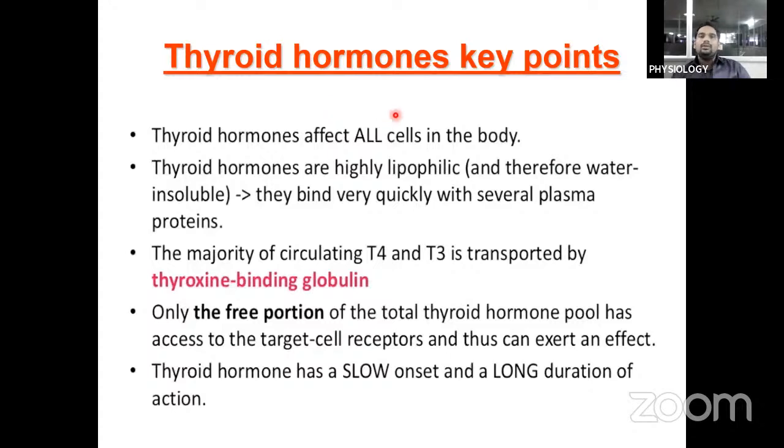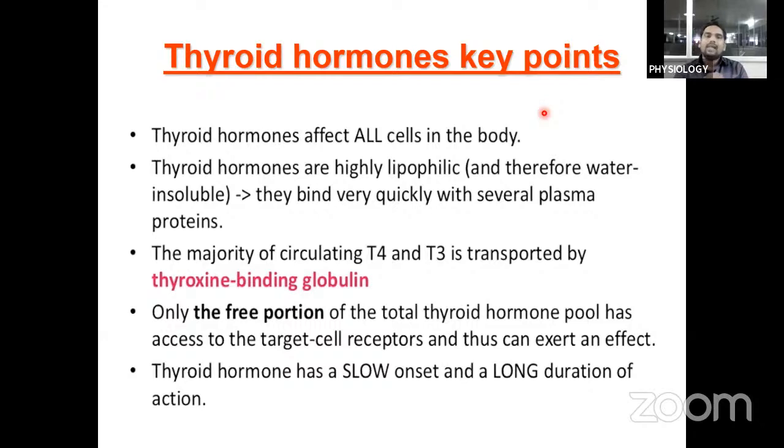Now, some of the key points that you need to remember for the thyroid hormone. The main thing is that thyroid hormones affect all the cells in the body. That's why we always need a healthy thyroid. Even to generate thyroid hormone, we need iodide. That iodide we get from iodized salt and dietary products.